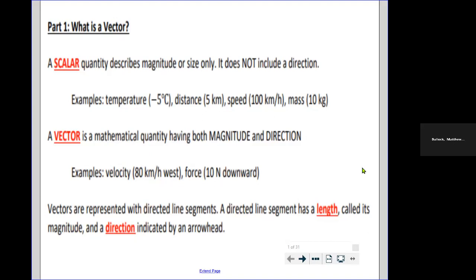So velocity and force, important concepts in the world of physics, those all are examples of vectors, and they're represented with directed line segments, which you are going to be working with through the first 2 vectors units that have to deal with geometric vectors.